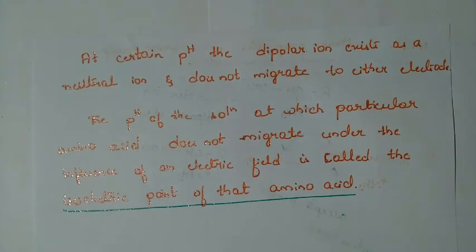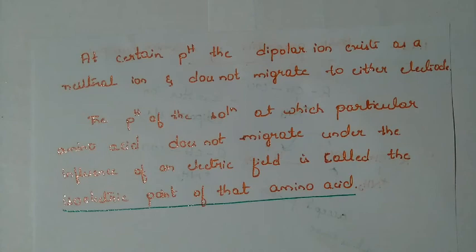So we have seen, if it is acidic in nature, then it moves towards the negative electrode. If it is alkaline, then it migrates towards the anode. If it is acidic, then it migrates towards the cathode.